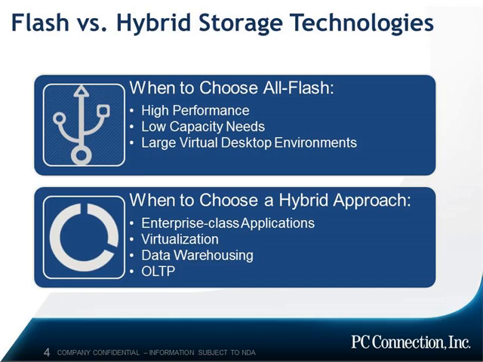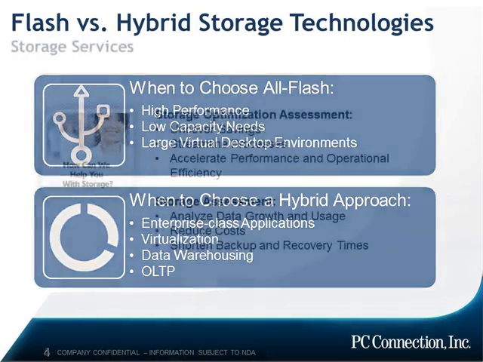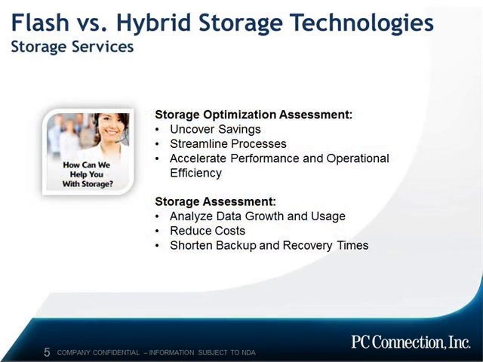You mentioned you love working with customers, and you've helped so many plan and strategize for their storage, not only now, but into the future. Talk a little about what you and the PC Connection team do when you engage with an organization, and what services help a team figure out which storage and technologies will serve us best. Sure. There are two popular services that PC Connection offers. The first is called the Storage Optimization Assessment.